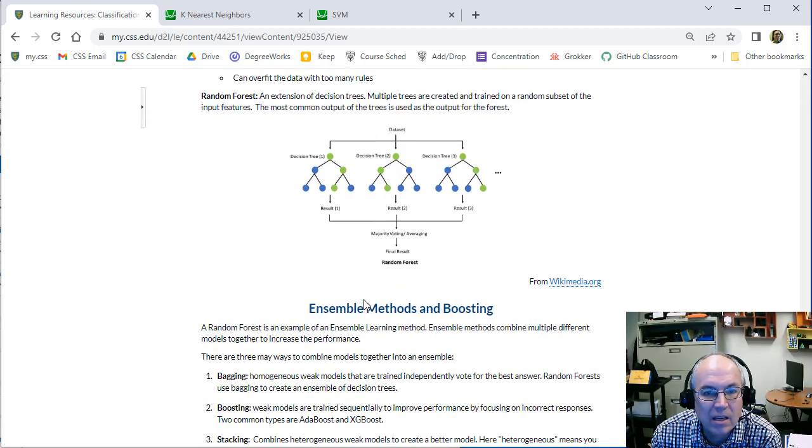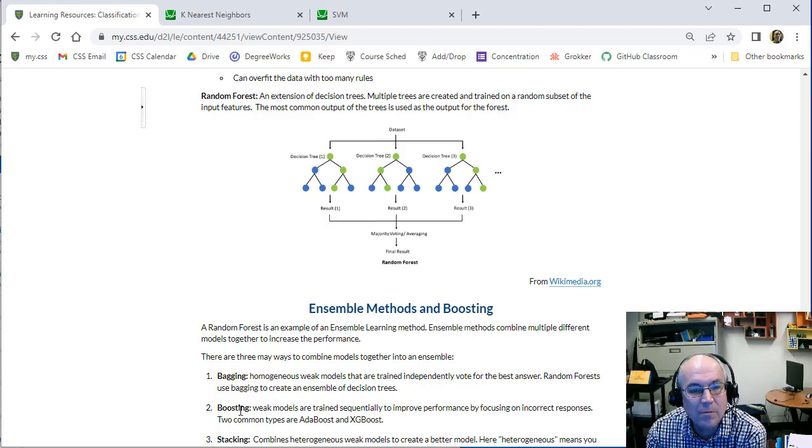So boosting is a way of combining models together that are trained sequentially. So we'll train one model, and then we'll look at the results, especially the training data that it got wrong. And then we'll retrain a new model and stress the data it got wrong, or fit it better. And then we'll create a new model there. So we'll create a series of models, but they are trained sequentially with an algorithm that tries to optimize their performance.